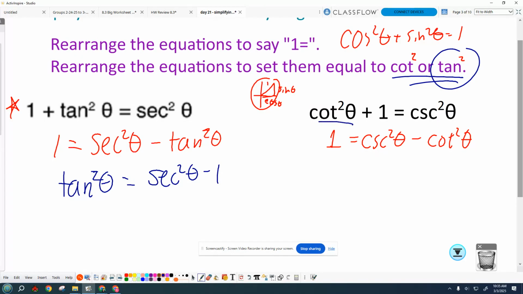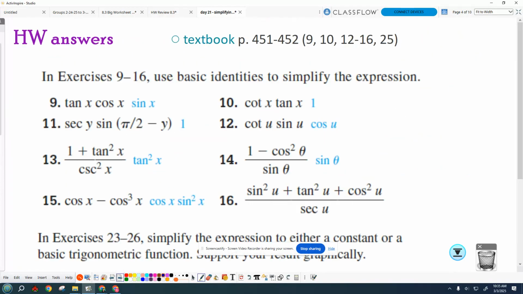Oliver, here, solving for cotangent squared. What is cotangent squared? Cosecant minus 1. No, cosecant squared, thank you. Okay, so don't be lazy with the squares. I realize you're writing them, but you're not saying them.